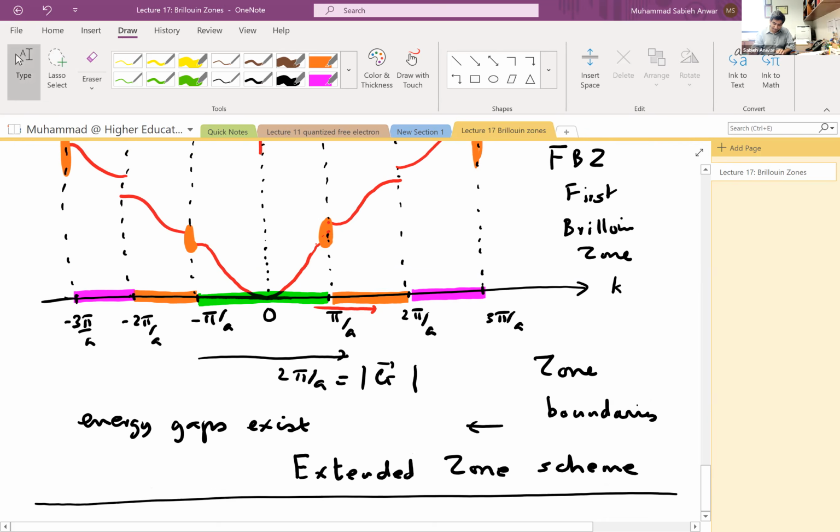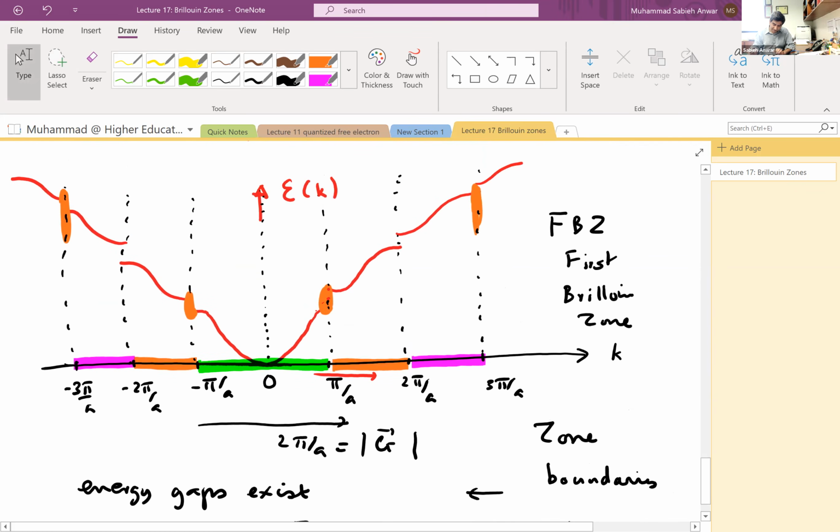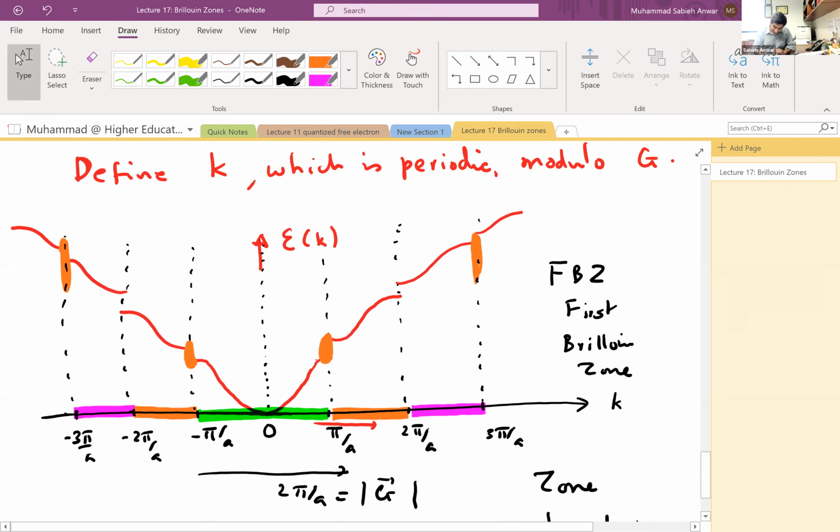So if I take this string here and translate it backward by 2 pi over a, this will come over here. This string, when translated to the right by 2 pi over a, a reciprocal lattice vector, I will get this thing. This thing, if I translate by 3 pi over a, I will get here, and so on.